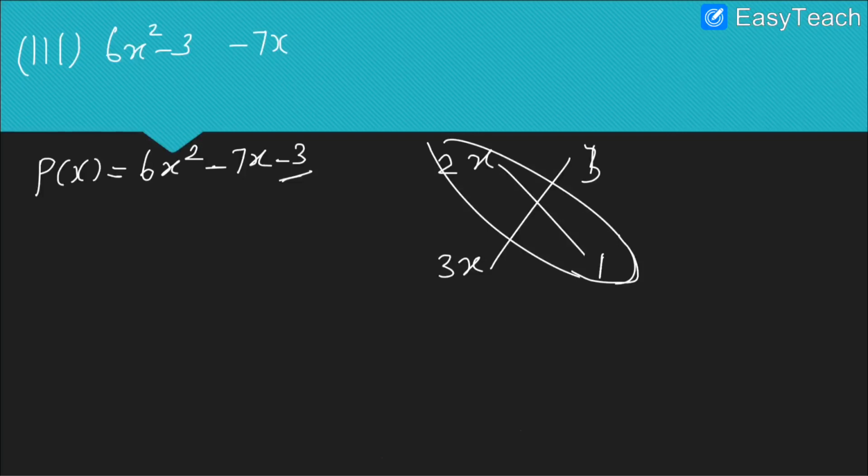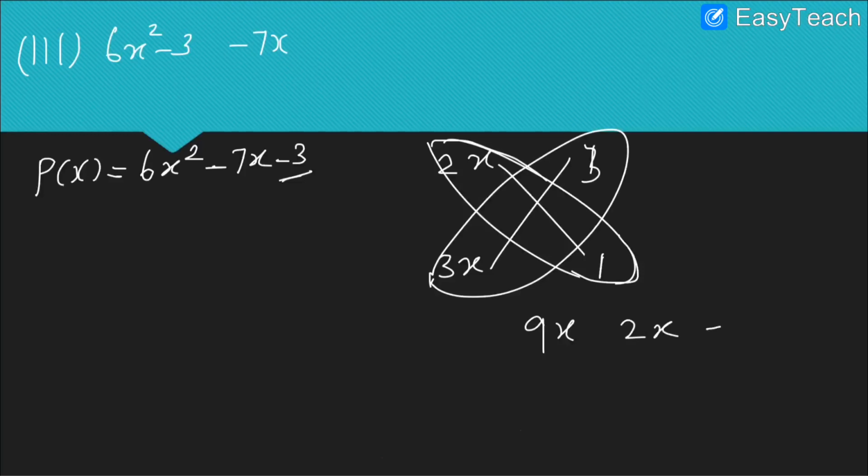1 3s are 3, okay? So if I write this way, so 3 3s are 9x, and here I have 2x. So if I subtract these two, I will get minus 7x.